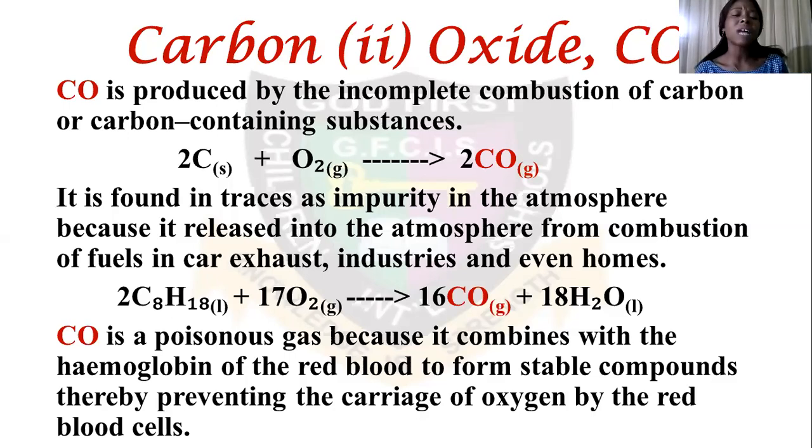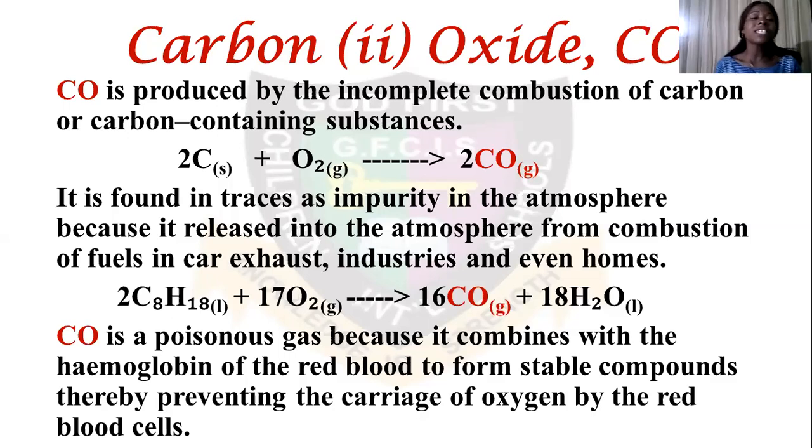But there is something about carbon monoxide: it is a poisonous gas because it combines with the hemoglobin of the blood. Hemoglobin is the oxygen-carrying component of the red blood cell, which helps to transport oxygen all around the body.